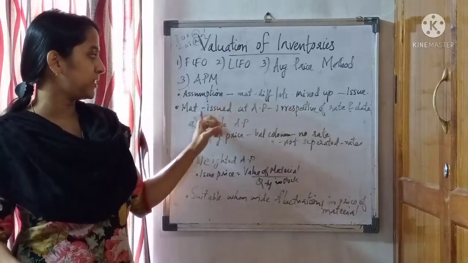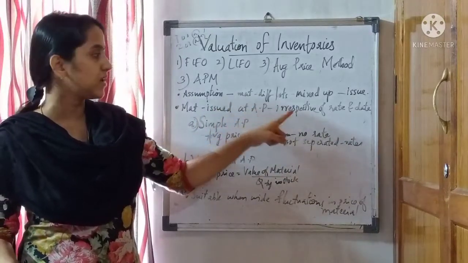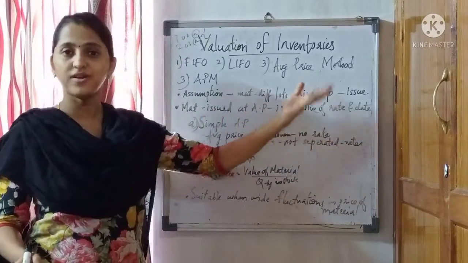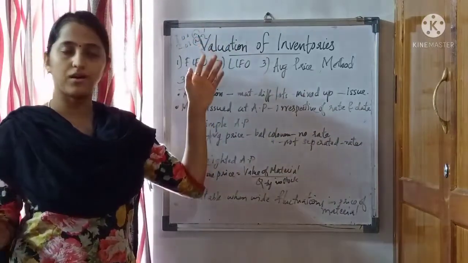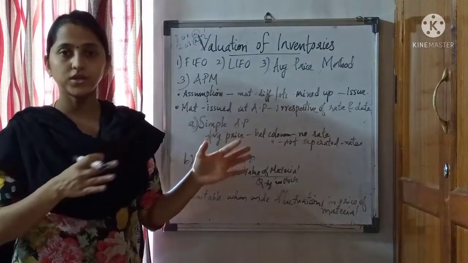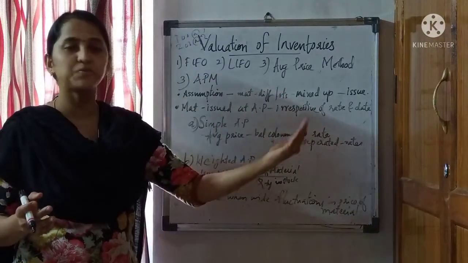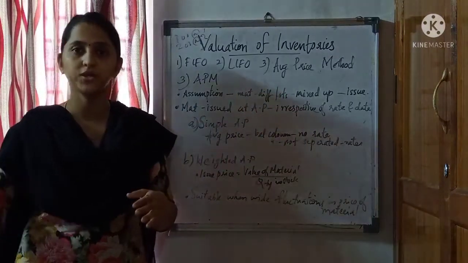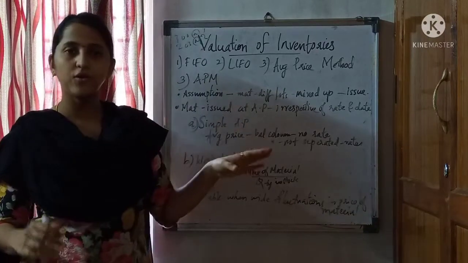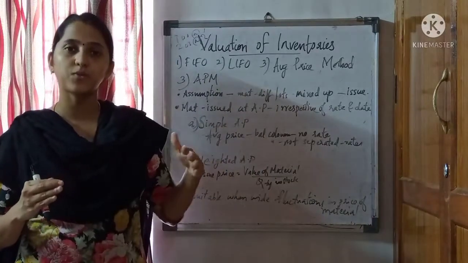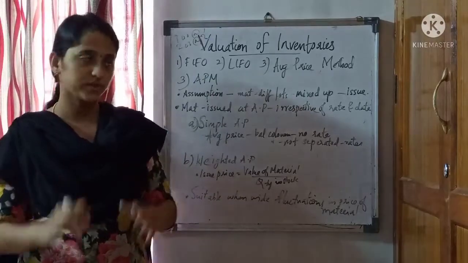So materials are issued at the average price irrespective of rate or date. Under FIFO and LIFO it was in chronological order. Under FIFO we took those materials which we procured first and issued first, and under LIFO those materials which were procured lately we issue first.